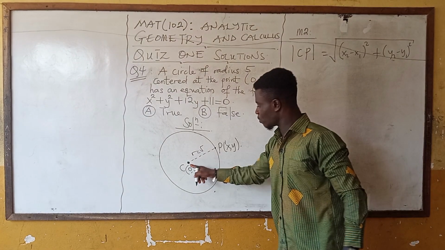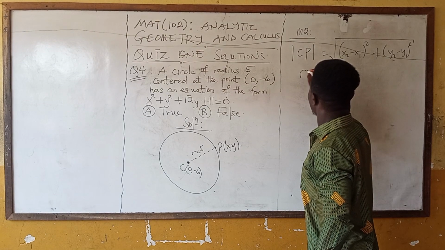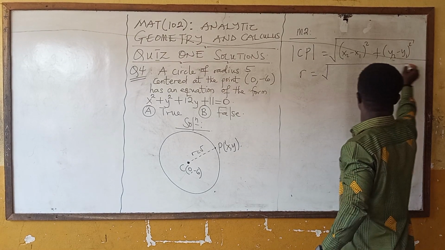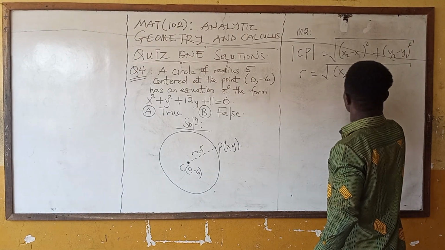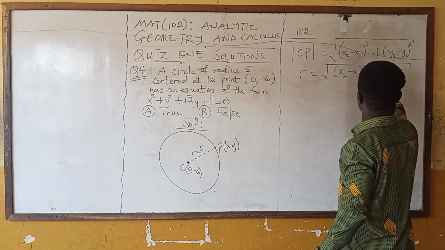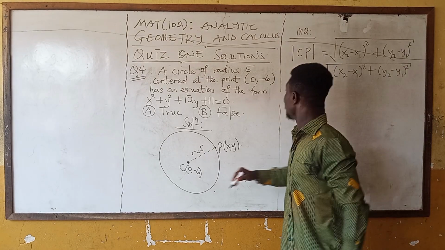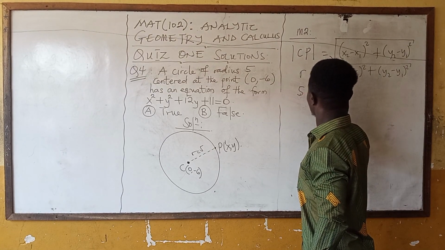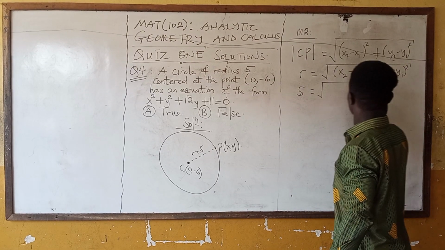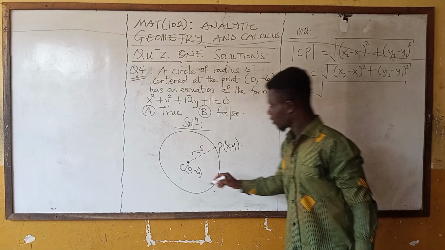And this distance from C to P is nothing but the radius of the circle. The radius was given as 5, which must be equal to the square root of this.